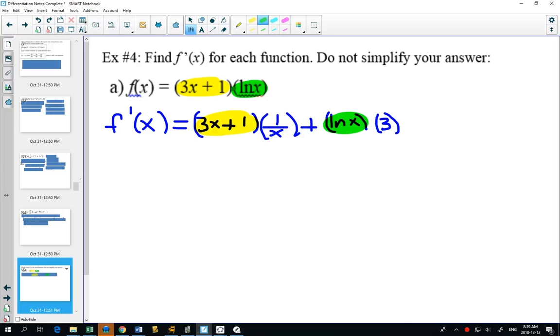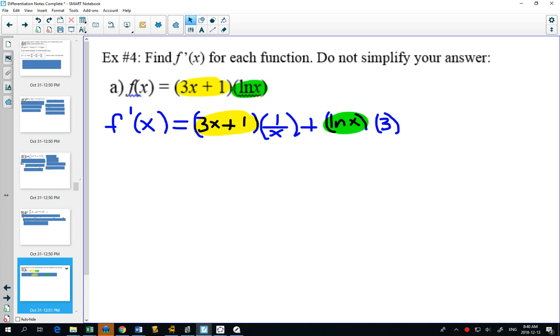So in example 4, it doesn't actually help to distribute first and then try to find the derivative, because you'd have to use the product rule anyways. So we may as well just use the product rule to begin with. And for the most part in these questions, you're not asked to simplify afterward.